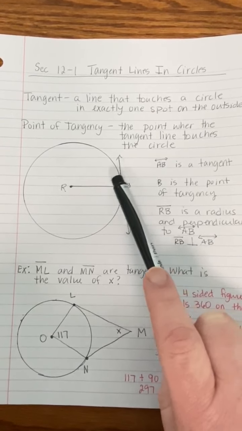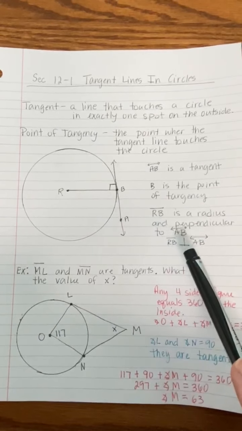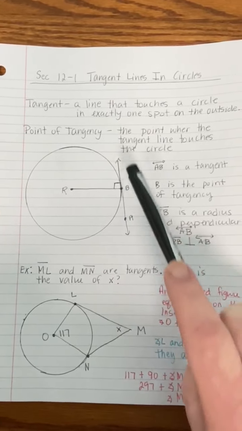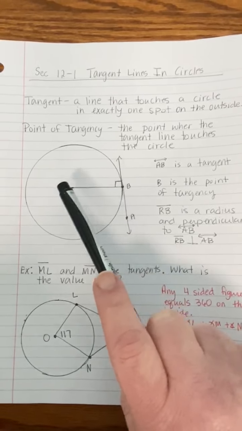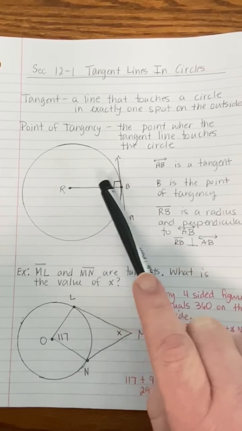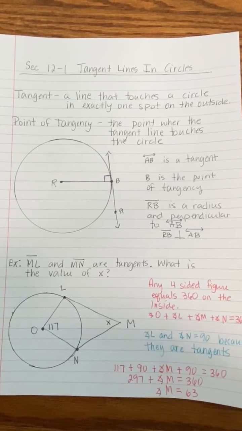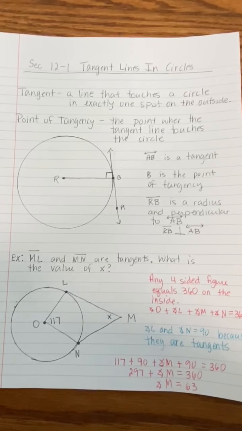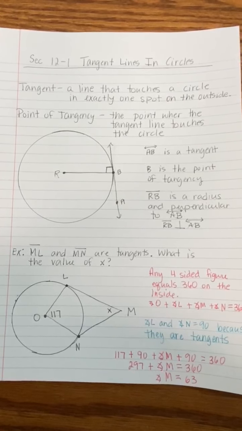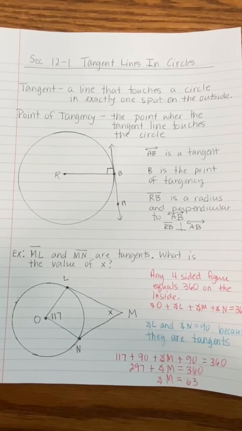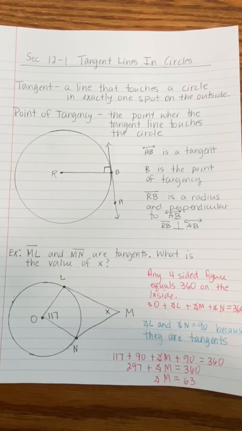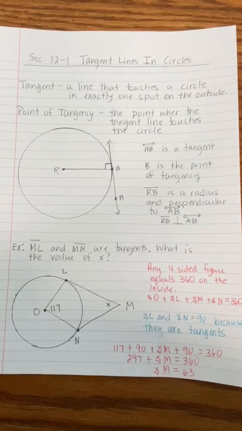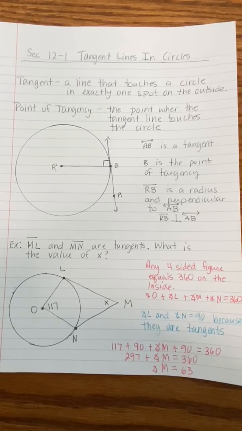So if you notice my right angle I wrote right there, my line AB is perpendicular to any radius, in this case the one I have marked, which is RB. So that's a main point to remember, that a tangent line, when it touches the circle in that one spot, forms a right angle at that intersection point. That's going to help find some missing angle measurements like on this next problem.